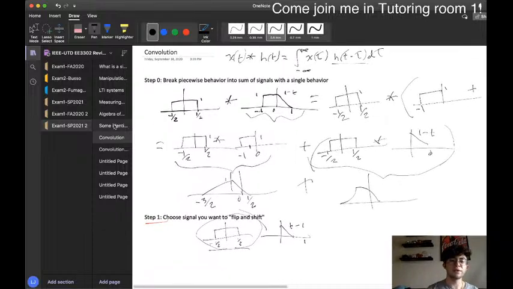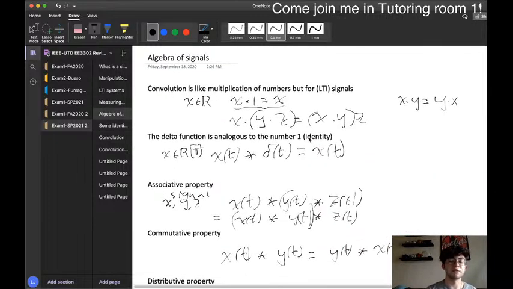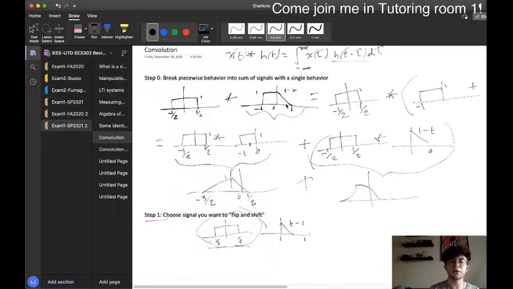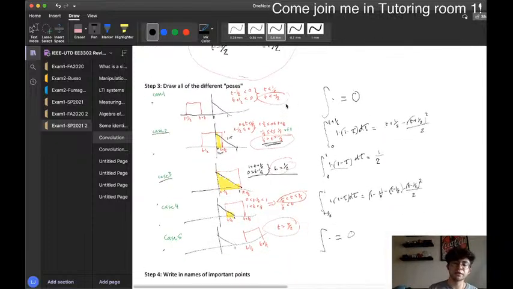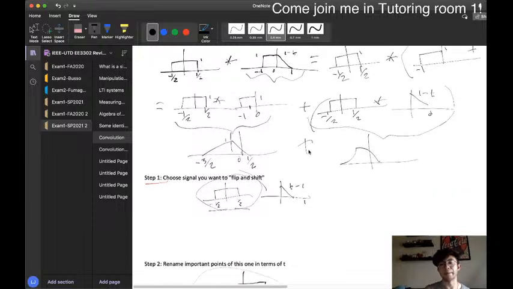By using these identities that I was talking about, the properties of convolution, you can simplify an integral that would be kind of hard to figure out otherwise. I guess you could probably figure out this method of poses that I was talking about, where if you have multiple behaviors, but I wouldn't recommend it because I've never actually personally gotten it to work.